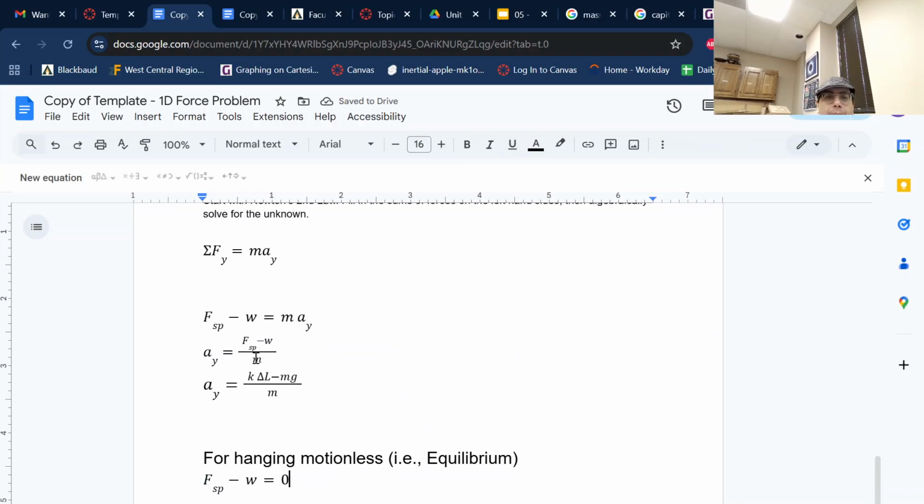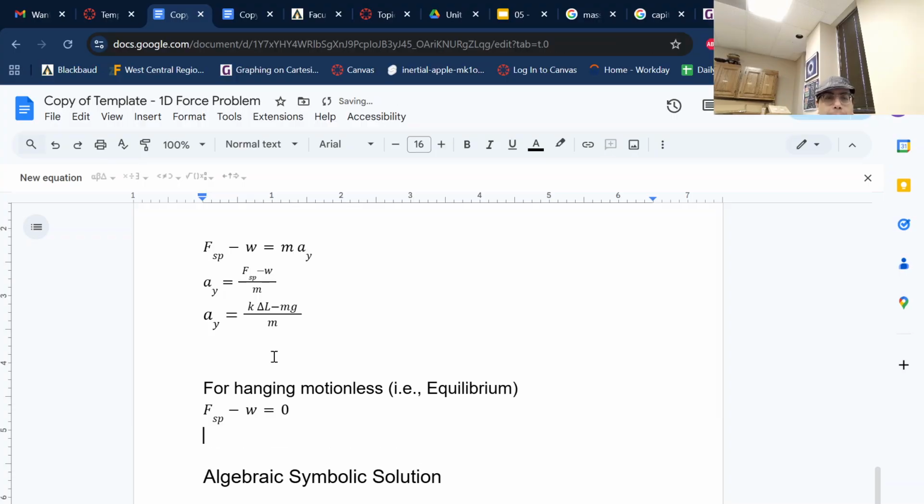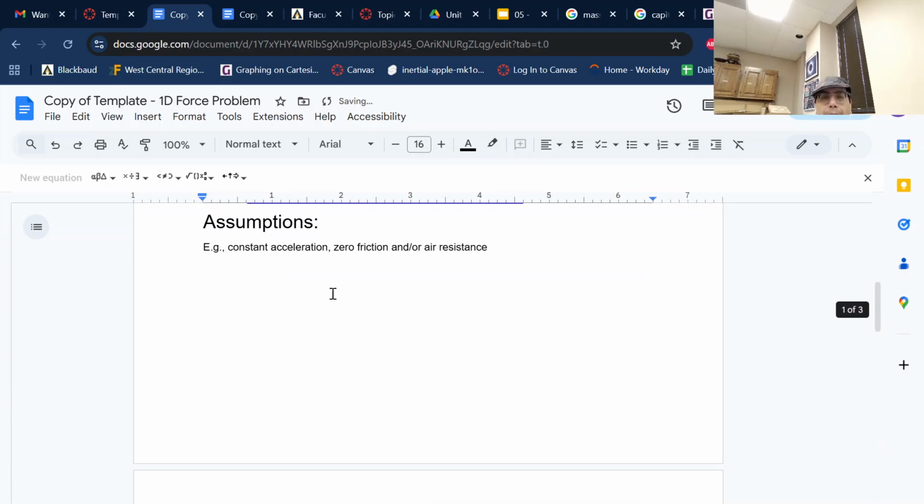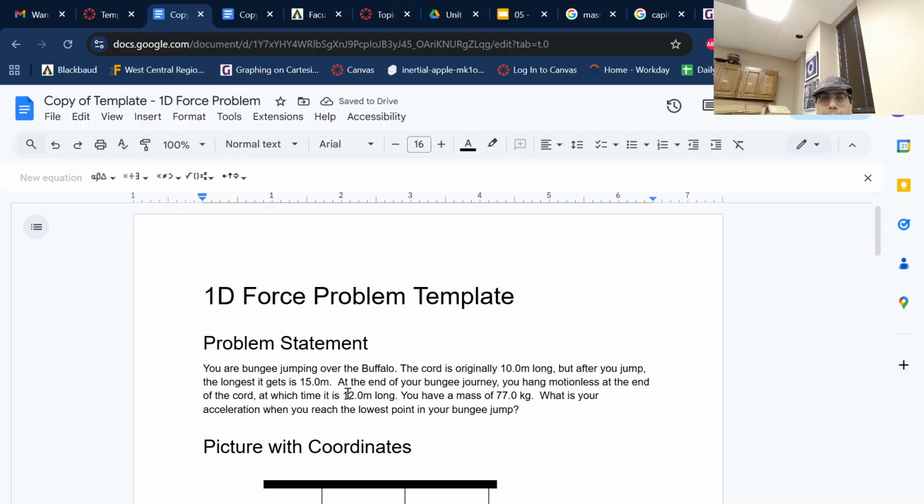And our equations that we plug in, for our spring force, we have K delta L minus mg is equal to 0, where, like Violet was saying, the delta L here is just, I think I made it 2 meters. It's the 12 meters minus the original 10.